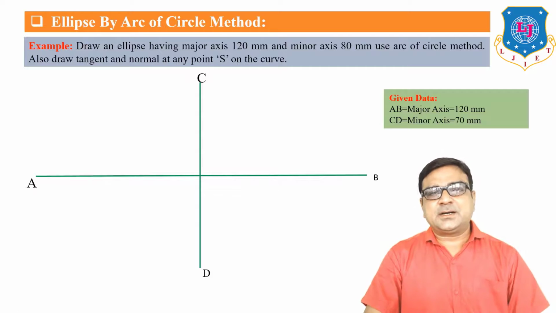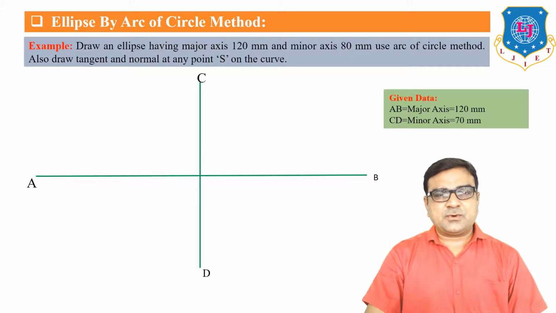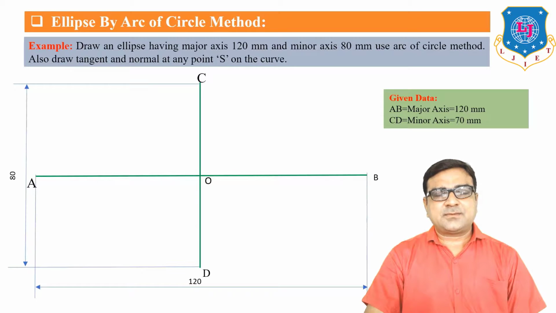Now in this method, we want to find two focus points which are always located on this major axis. So how can you find F1 and F2? The distance between a focus and the end of the minor axis, CF1, is exactly half of the major axis.